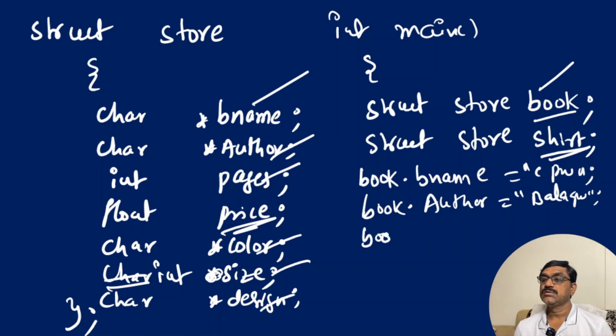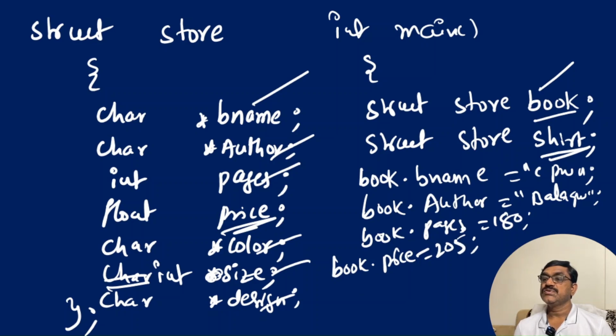Next, book dot pages, here we are giving, assume, 180 pages. Next, book dot price is equal to 205 rupees. So we are storing the book information.